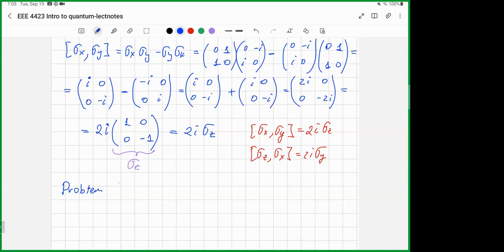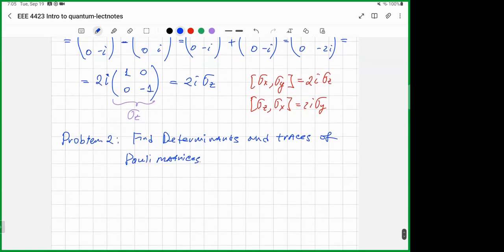Okay. So let's discuss another problem. Problem 2. So let's find the determinants and the traces of the Pauli matrices.